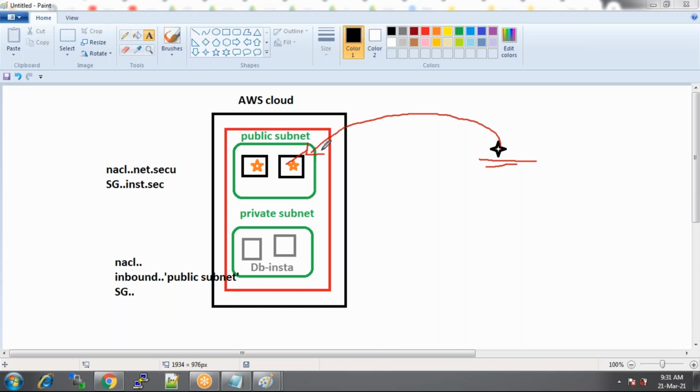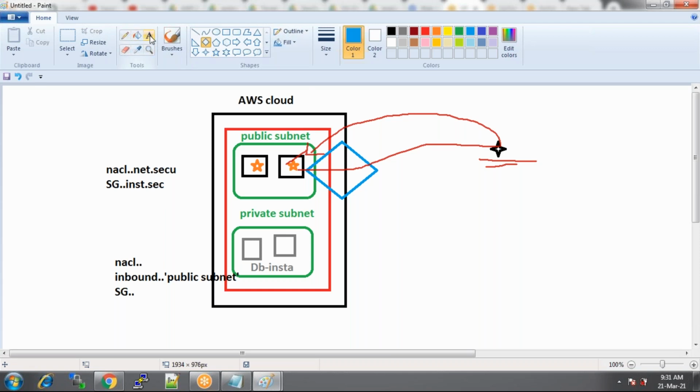So what are internet gateways? Here we talk about the internet gateway. This gateway is attached to the public subnet. It is a kind of security gateway. All the requests of the users must go through the internet gateway, IGW.